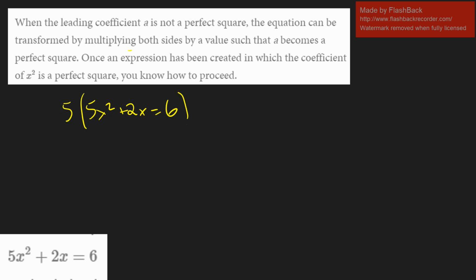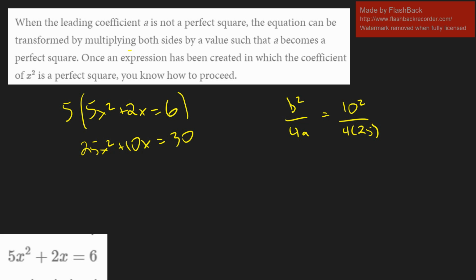I can do that in my head, but just because this is a PowerPoint, I'm writing it out to show you. If I multiply everything by 5, then I'm going to get 25x squared plus 10x equals 30. Now I can use that same technique that I did on the previous slide. Because a is a perfect square, now I can simply do b squared divided by 4a. So that's going to be 10 squared divided by 4 times 25.